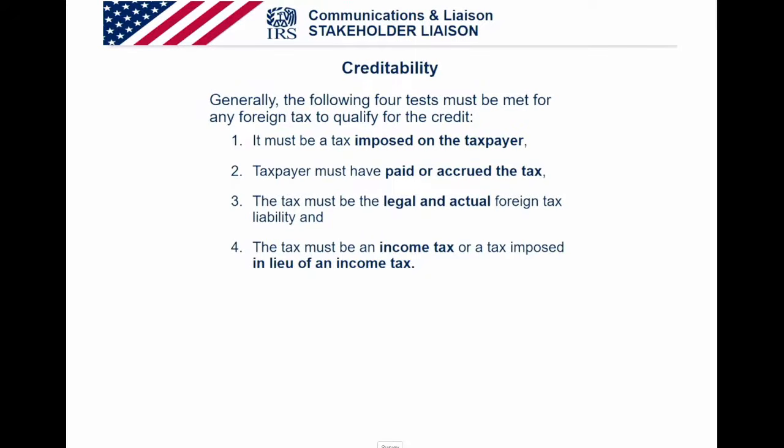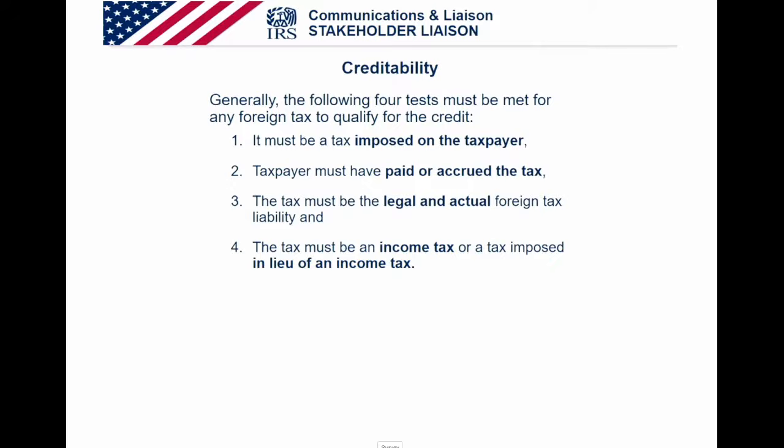Next, the foreign tax must be paid or accrued by the taxpayer. So generally, taxpayers can only claim the credit if they paid or accrued the foreign tax to a foreign country or U.S. possession.